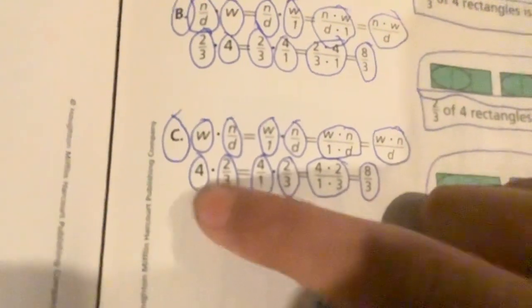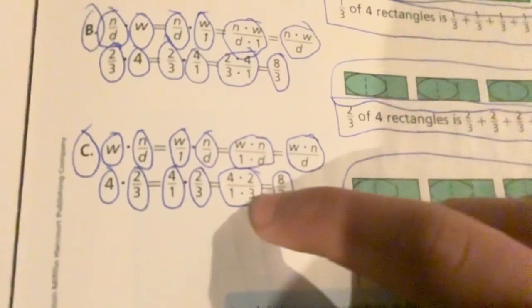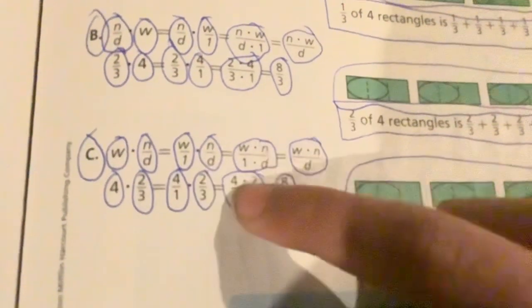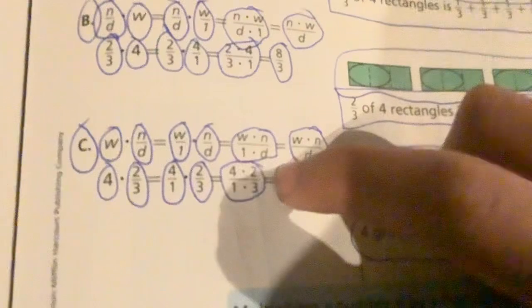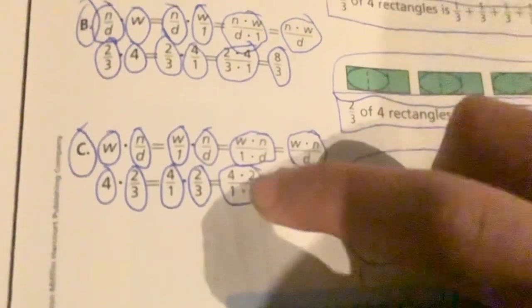Because if we look here, 4 times 2/3 equals 4 wholes times 2/3. That still equals 4 times 2 over 1 times 3, which is equivalent to 2 times 4 over 3 times 1. This means that the answers to both of these problems must be 8/3, because 2 times 4 over 3 times 1 is equivalent to 4 times 2 over 1 times 3.